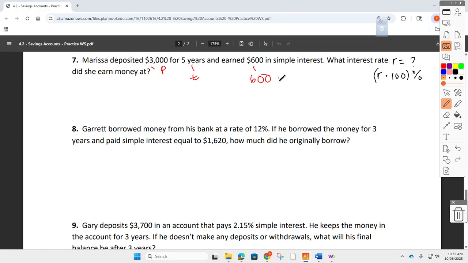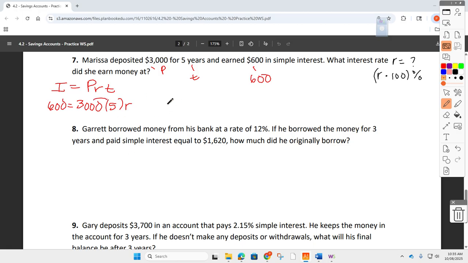So that's her I. All right, so we're plugging into this formula, I equals P times R times T, where I, we just said, was 600. So we're replacing the I with 600. We're replacing the P with 3,000. Remembering this means time. We don't know the rate, so we're going to stick that at the end. And our time, we're going to replace T with 5 and move the R to the end. Does that make sense?